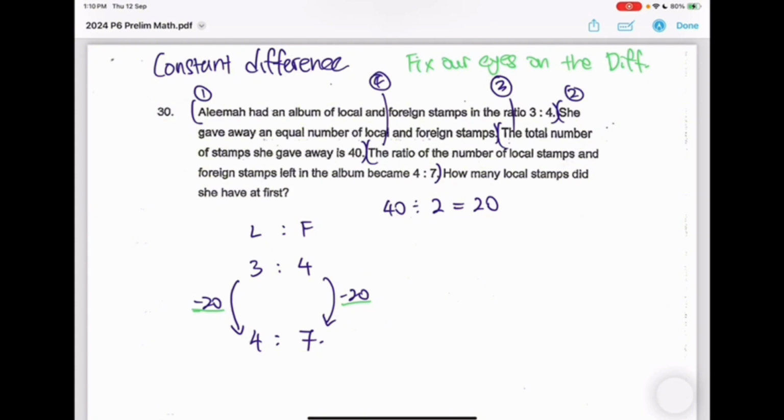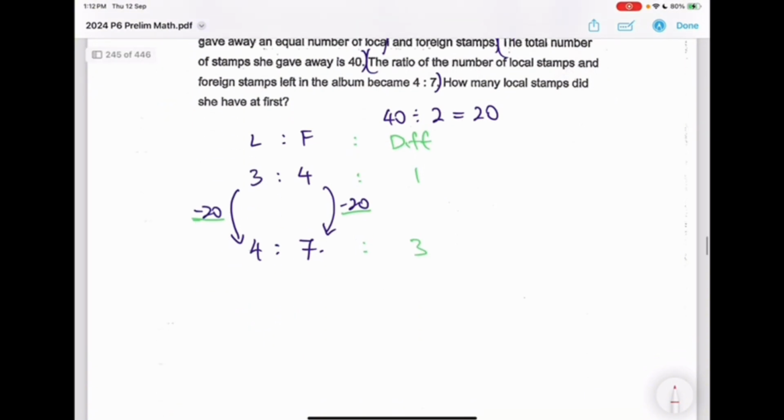Now, what I want to do is to add another part of the ratio, and that is the difference, of course. Now, looking at this, the difference of local and foreign is definitely just is to 1, right? But after removing it, what does it become? It becomes 3. And I noticed, even though the difference remains the same between the two, the units for difference are not the same.